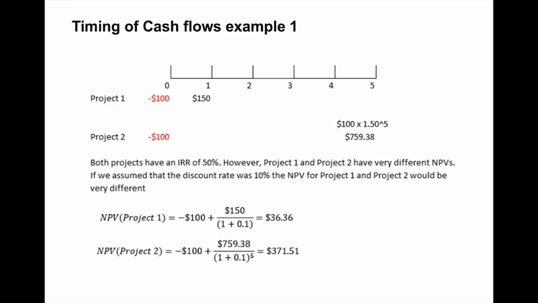The NPV of project 1 is $36. But the NPV of project 2 is $371. And all that's changed here is that the timing of the cash flows has changed. So although the internal rate of return is the same for both projects, one yields a much higher NPV.